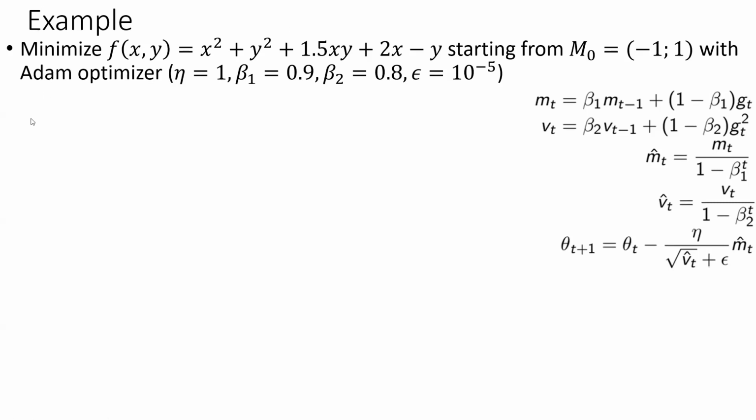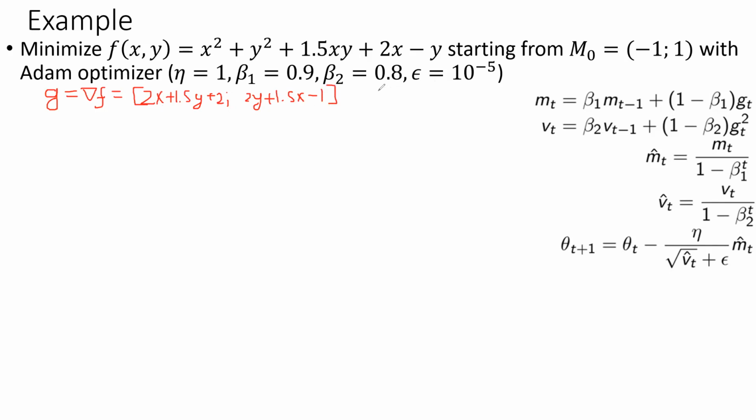So let's find the first thing, which is the gradient. We want to find the gradient of function f. It will be our vector (2x plus 1.5y plus 2, 2y plus 1.5x minus 1).